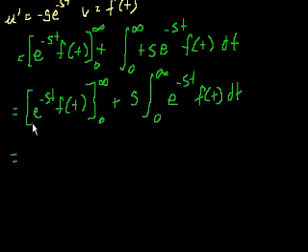I won't go into the mathematics of whether this converges or diverges, but let's just say, in very rough terms, that this will converge to 0 if f of t grows slower than e to the minus st shrinks. Maybe later on we'll do some more rigorous definitions of under what conditions this expression actually converges.